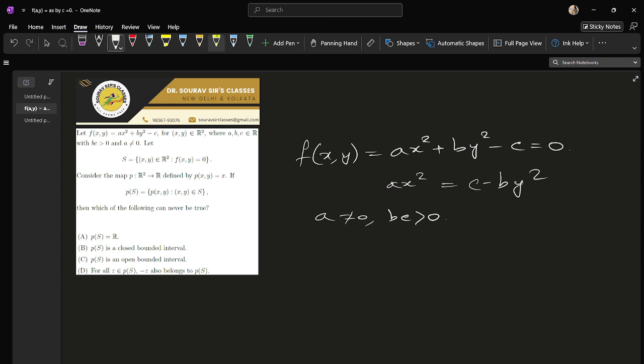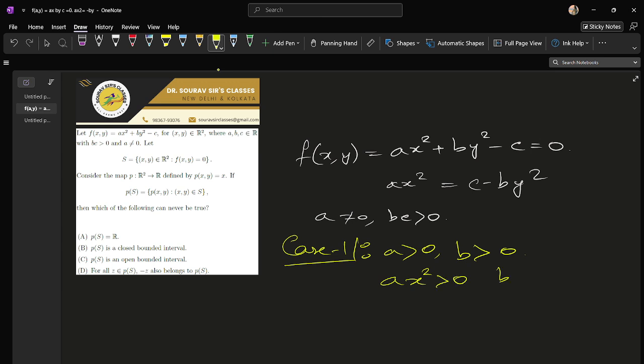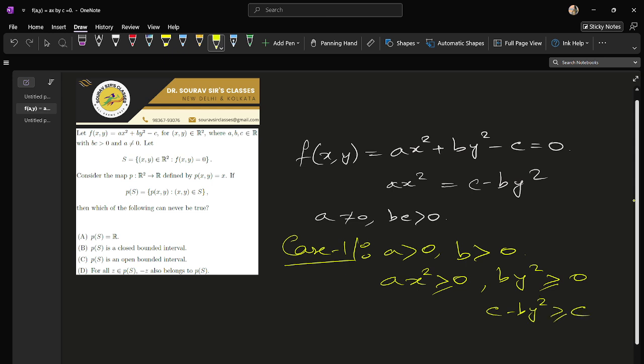For this we can generate some cases. Case 1 is a greater than 0 and b greater than 0. In this case, ax² has to be greater than or equal to 0, and by² also has to be greater than or equal to 0. So c minus by² will be less than or equal to c.